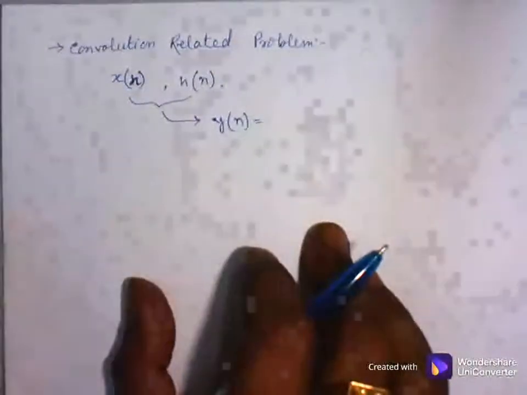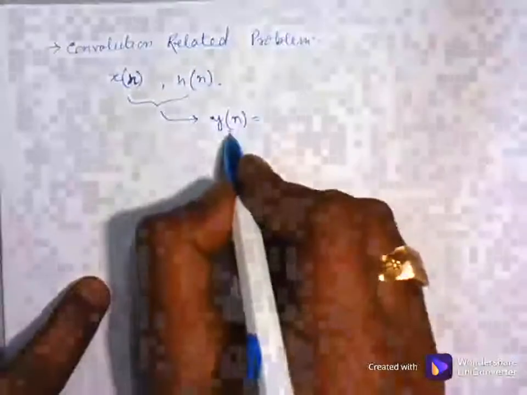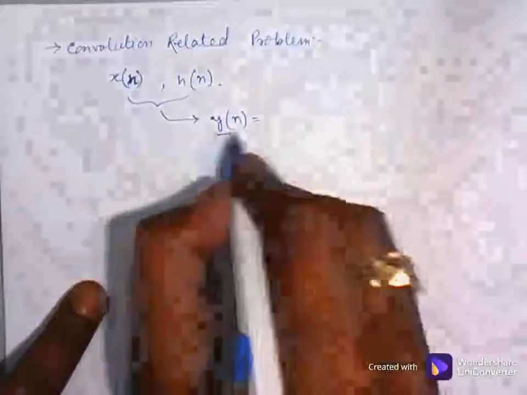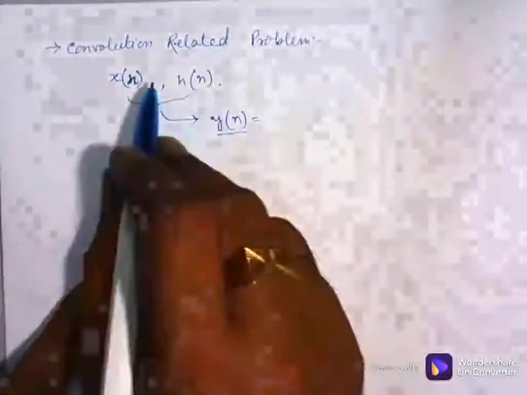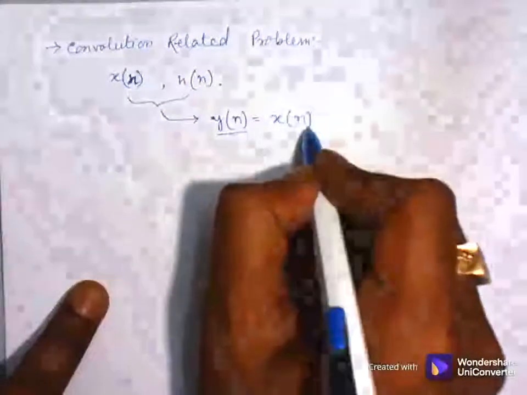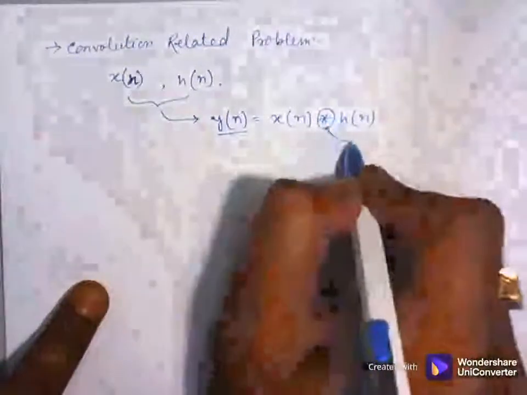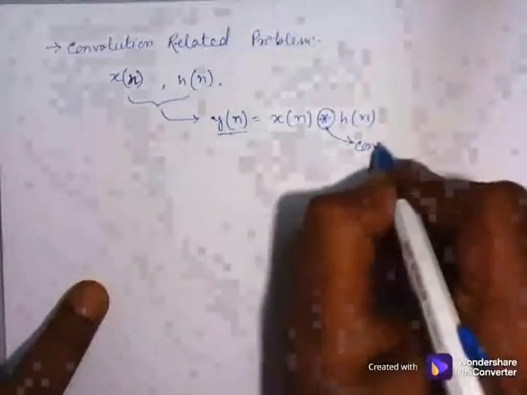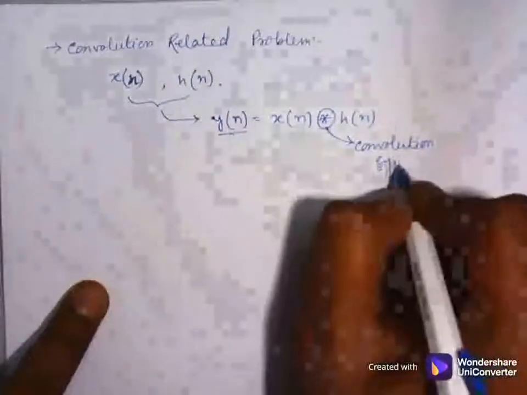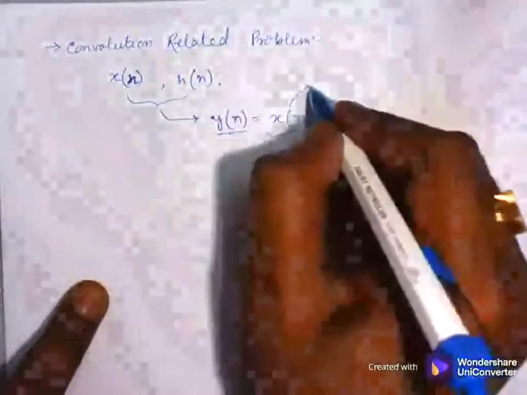Combining two signals is known as convolution, and suppose y of n is the representation of convolution, then y of n is the convolution of x of n and h of n, and it can be written like this, x of n, this symbol, h of n. This symbol is known as the convolution symbol, and this equation is known as the convolution sum.